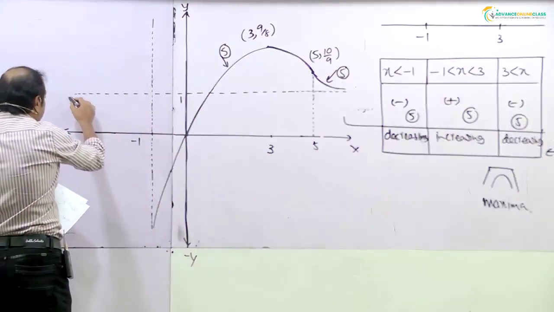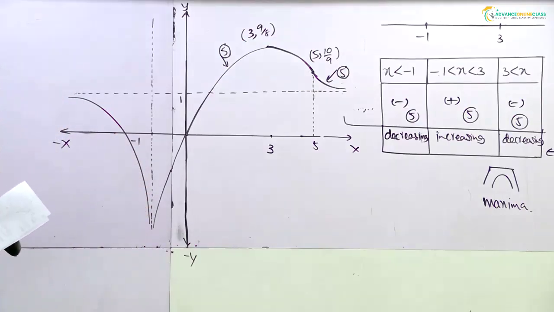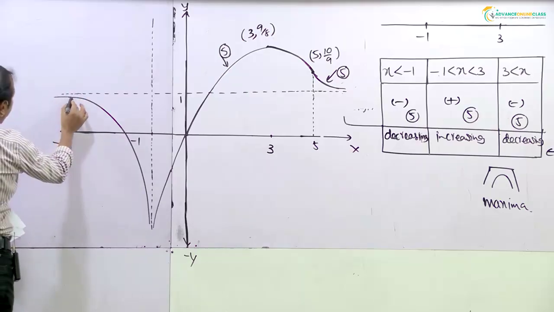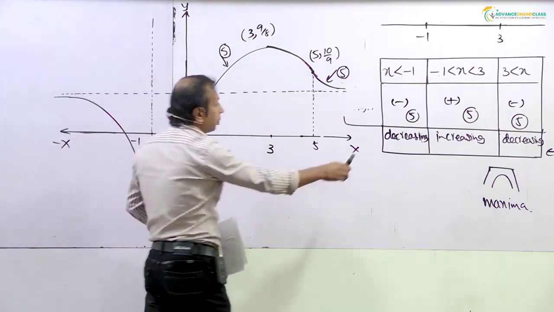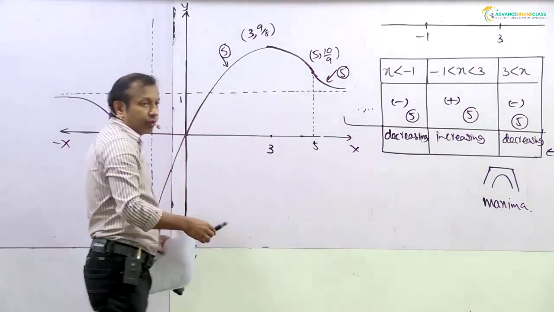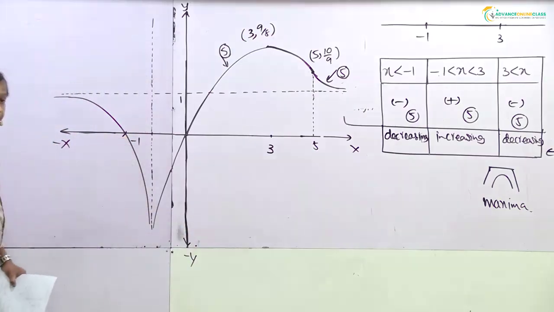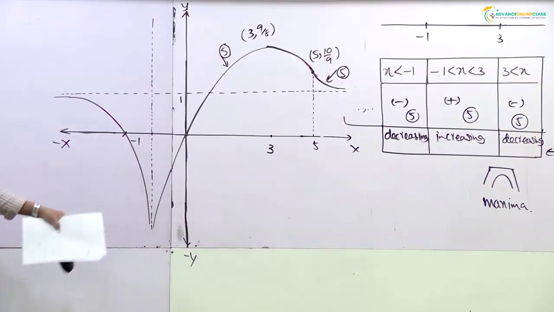Other one is coming like this. Okay. Because, yes, before minus 1 gradient is negative here. That is why we do like this. Can somebody tell me this point? Again, y is 0. y is 0 means f x is 0.